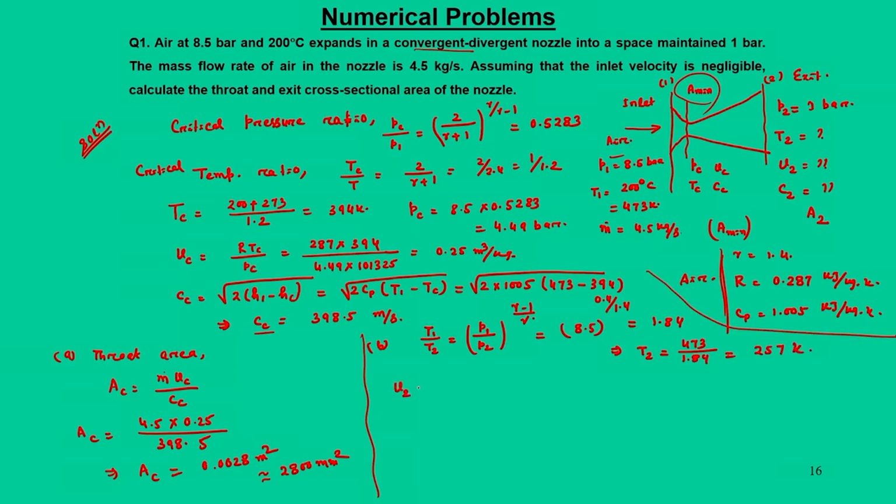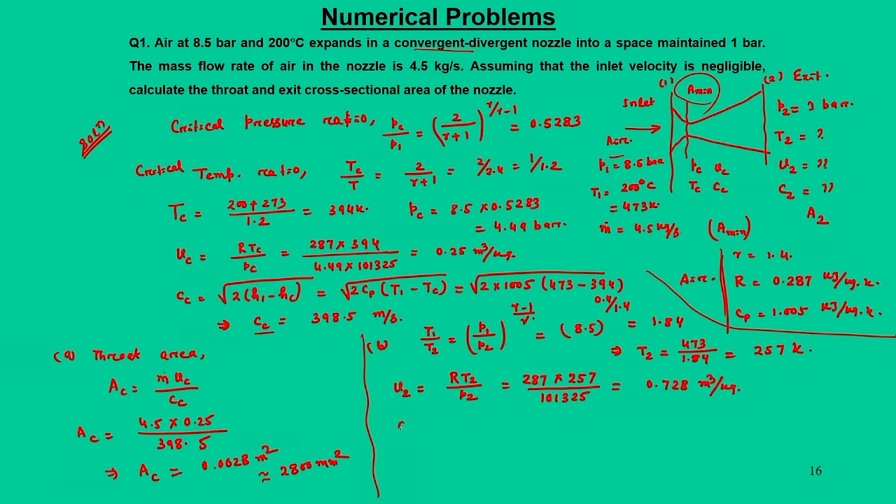Then we can find V2, that is equal to R T2 by P2, that is 287 into 257 divided by P2. P2 is 1 bar, 101,325. So, this is 0.728 meter cube per kg.